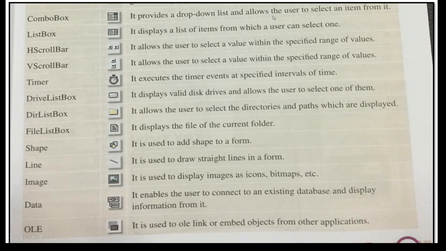Combo box. It provides drop-down lists and allows the user to select an item from it. So all of this we will learn in the advanced lessons. You can read the meanings of each control in your books.